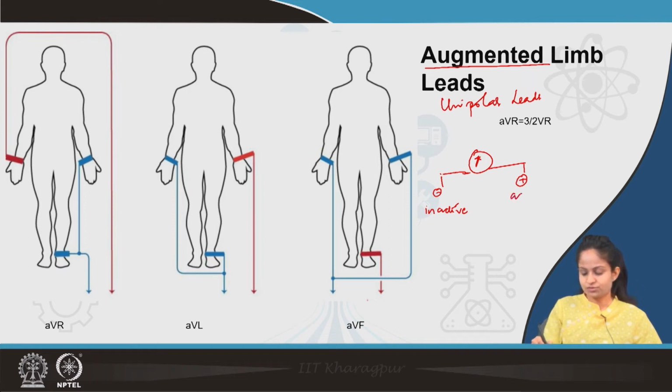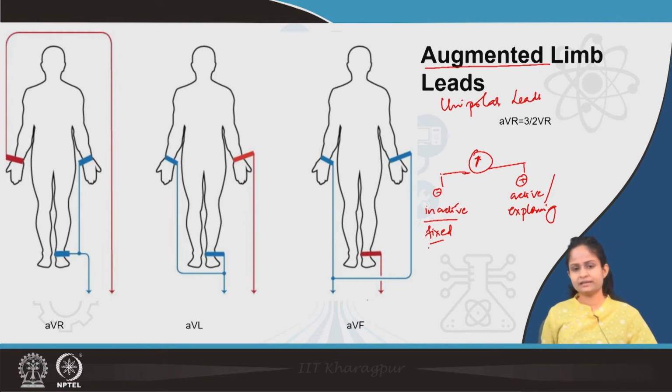and this positive electrode is active, or it is also known as the exploring electrode, which will record the voltage at a particular point. Negative electrode is inactive means it is made inactive by keeping it fixed. A very specific term that can be used is fixed, that means the voltage is fixed, and this voltage is usually made close to, not exactly equal to, 0 millivolt by combining it with high resistance.